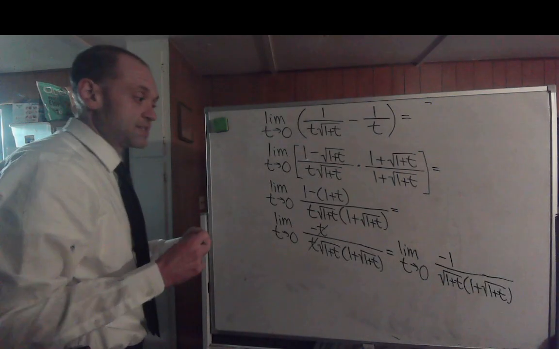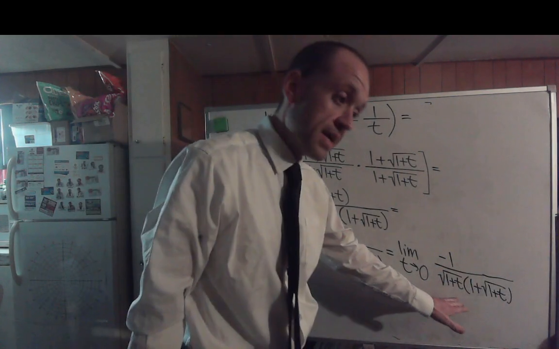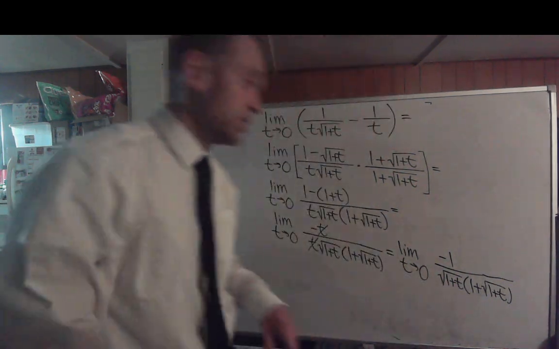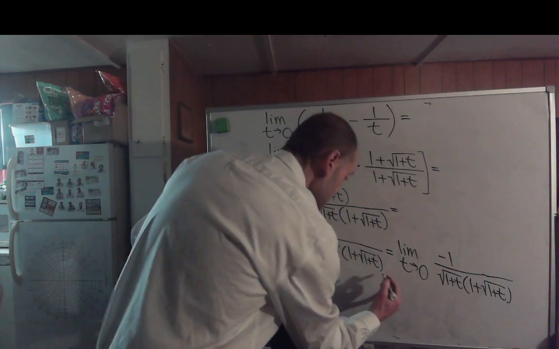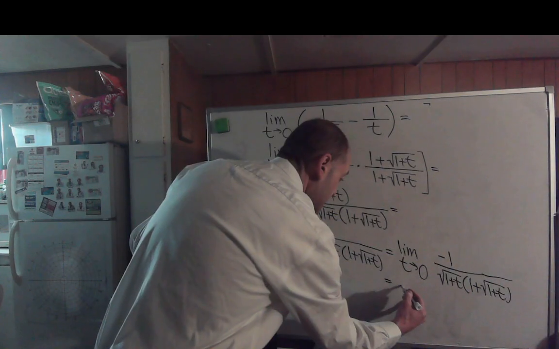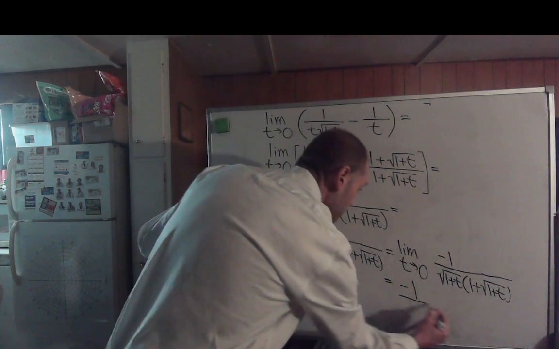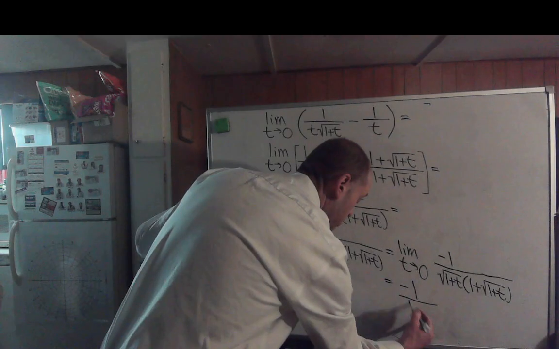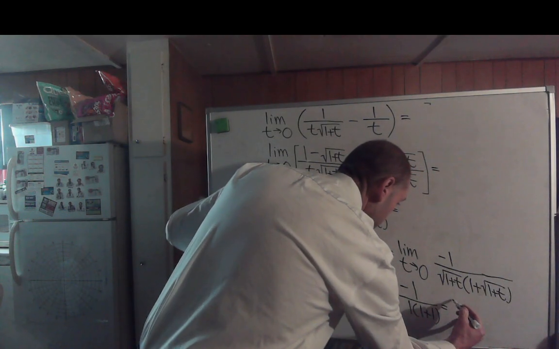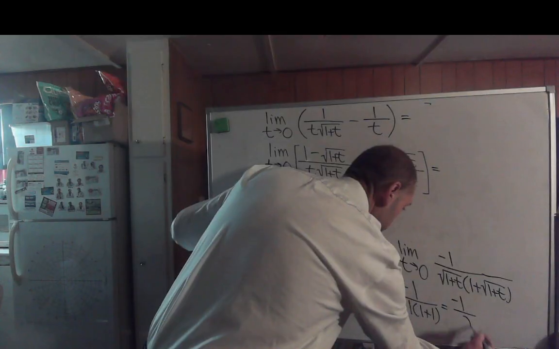So I think we picked a winner when we rationalized the numerator, because if we do direct substitution now, we can stick that t value in and we'll get a finite value. So let's stick in 0 for t. You would end up getting negative 1 all over the square root of 1, which is 1, times 1 plus 1, which would end up giving you negative 1 over 2.